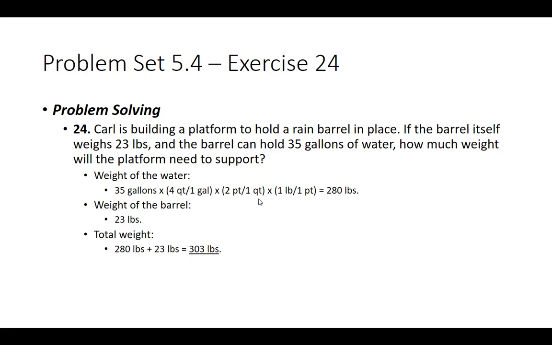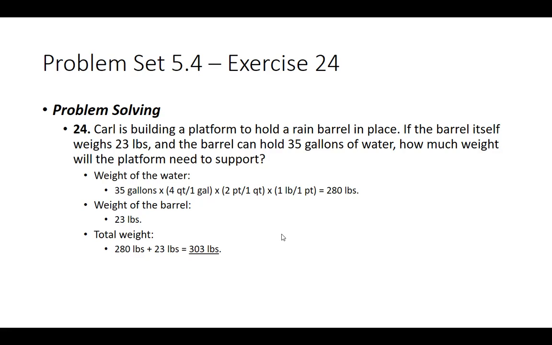Then we need quarts on the bottom and pints on top to cancel quarts away and get us to pints. That's 2 pints over 1 quart. Then finally, we can use pounds on top and pints on the bottom with our 1 pound is 1 pint conversion.